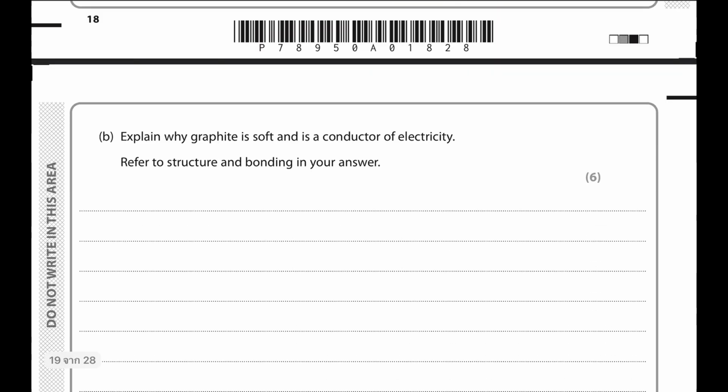Question B. Explain why graphite is soft and is a conductor of electricity. Refer to structure and bonding in your answer. So the first point is carbon atoms are joined together by covalent bonds.